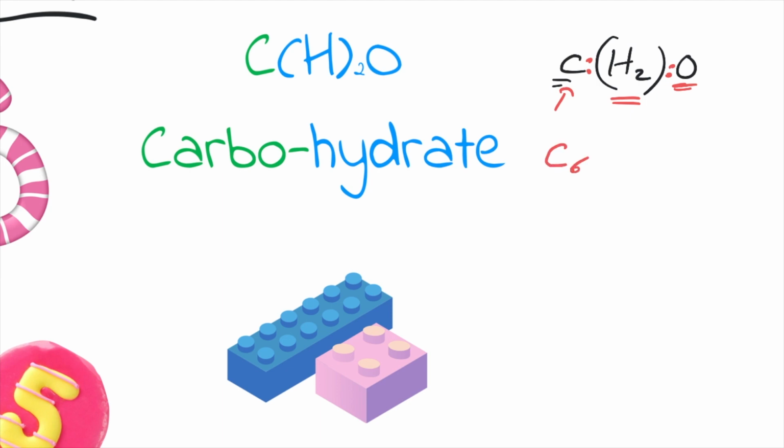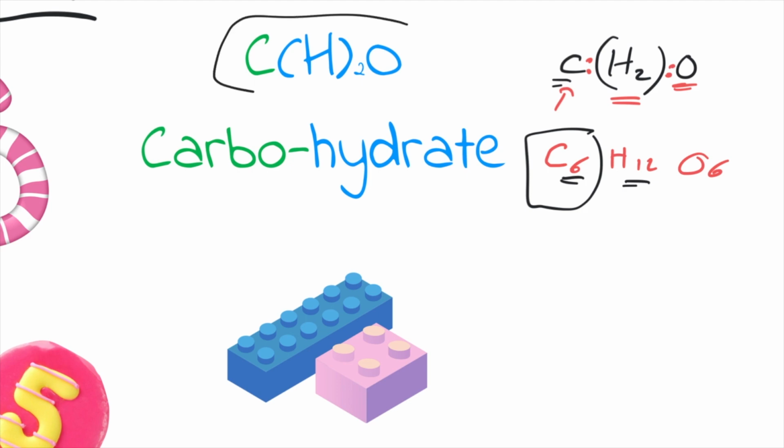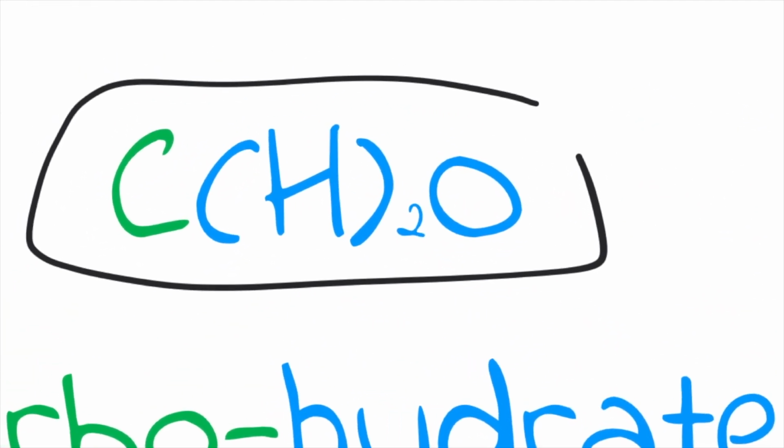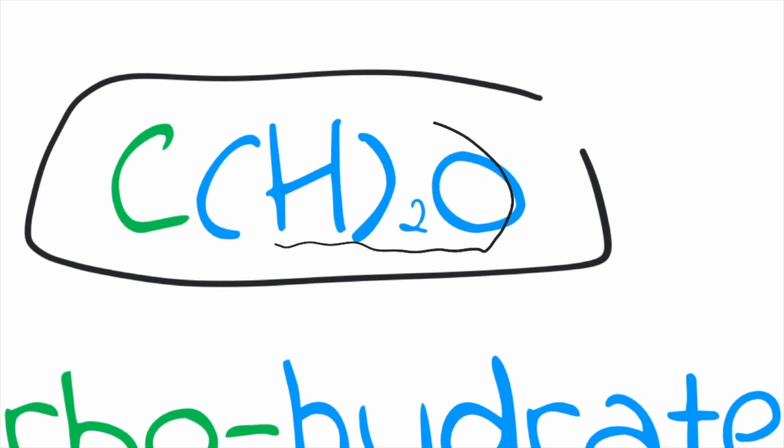Glucose is C6H12O6. You can see it's the same ratio, twice as many hydrogens as carbon and oxygen. So this applies for every single monosaccharide. Only monosaccharides have this unique ratio between their atoms. If you look closely, you realize it's more like a water molecule, H2O.